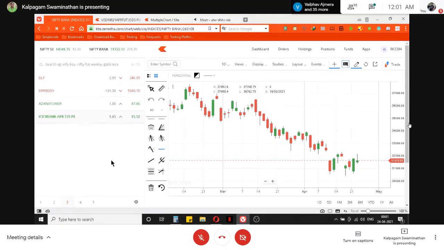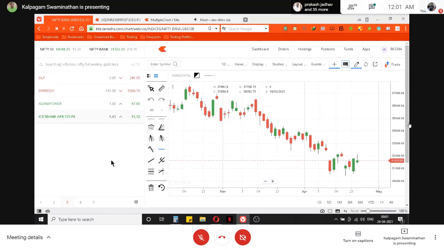Yes, you can do that. You're talking about a hedging scenario where you take an OTM option for hedging. If you take an OTM option for hedging, the problem is both of them may become zero.